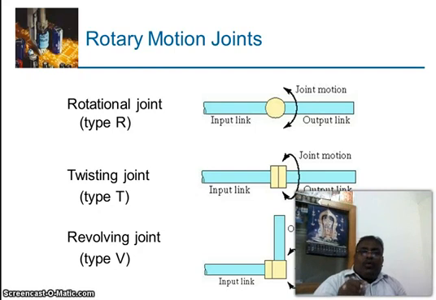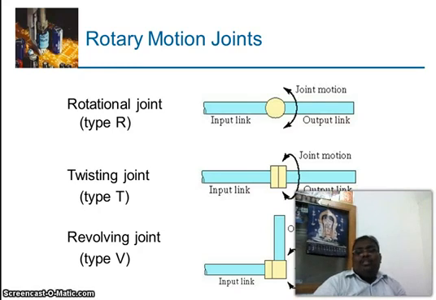In a rotational joint, the motion will be in only one direction, maybe about the x-axis. A clear example of this is the compass that school students use. It is a type of rotational movement.